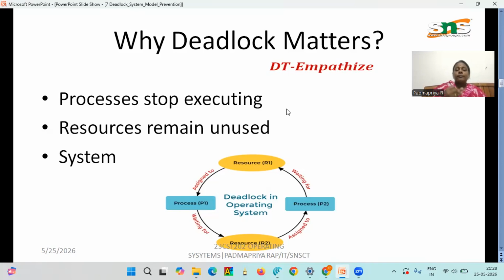So in that case, both processes could execute by using the particular resources. But at the same time, both processes are waiting for another resource. So in that case, the cycle will form, and that is called deadlock.